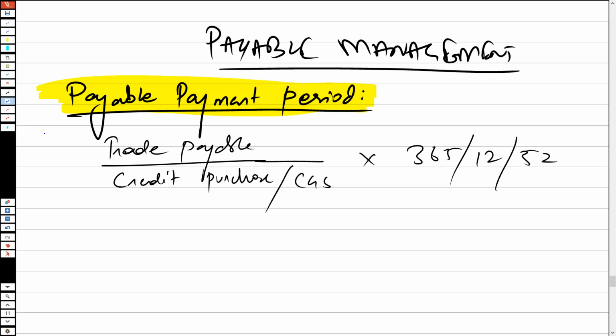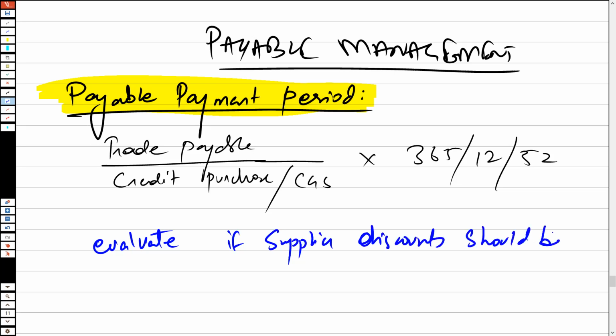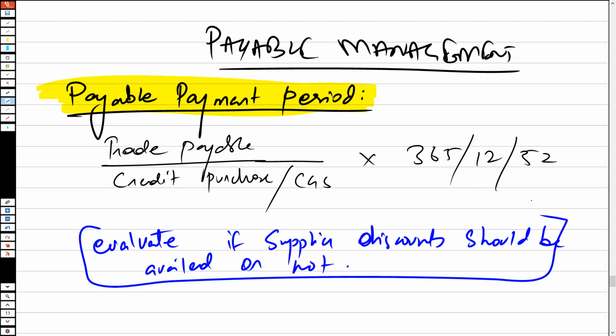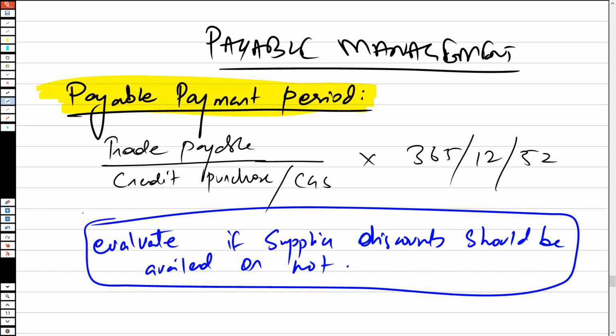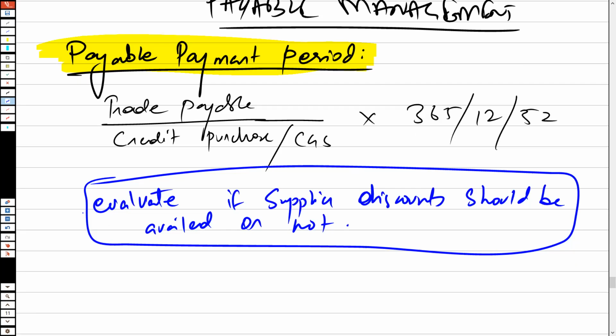One important thing we need to do with respect to payables is evaluate if the supplier discount should be availed or not. How exactly are we going to evaluate that?